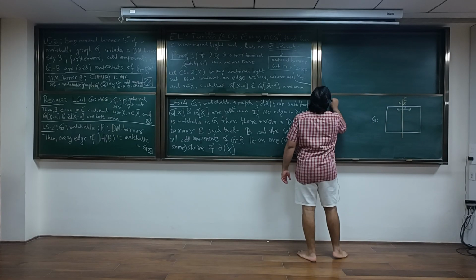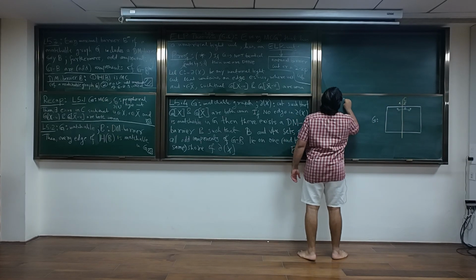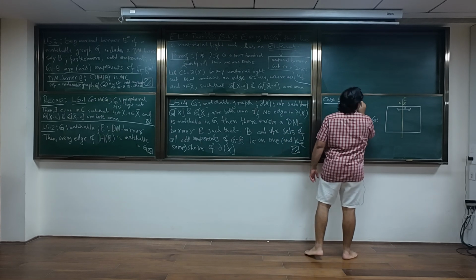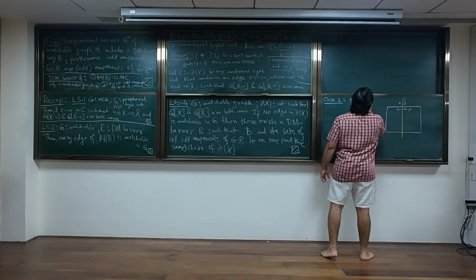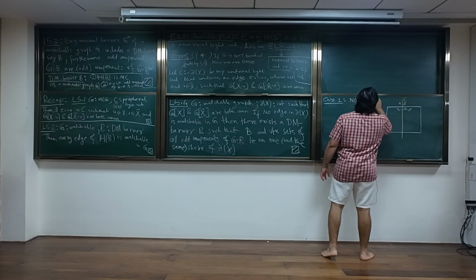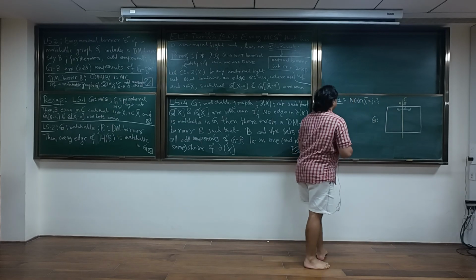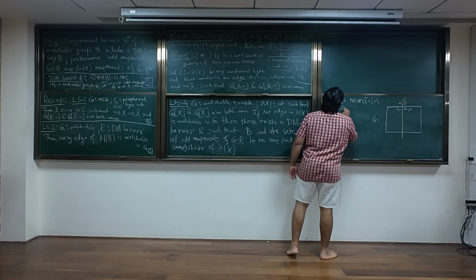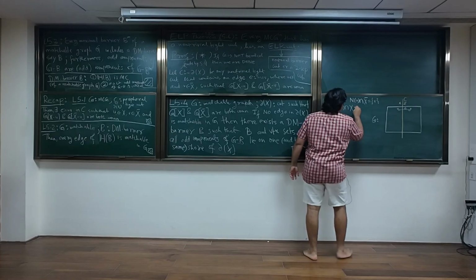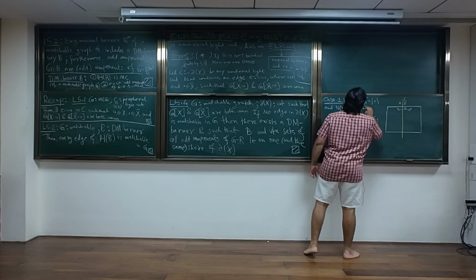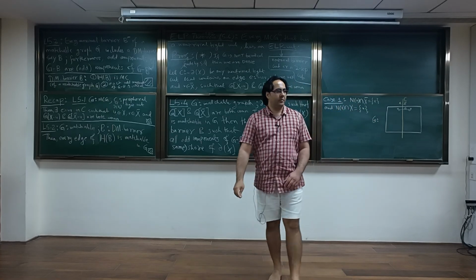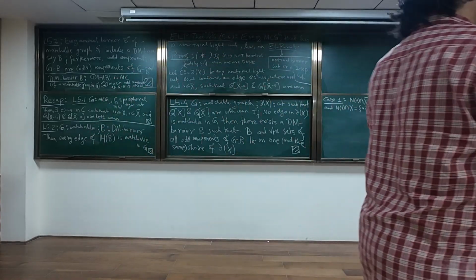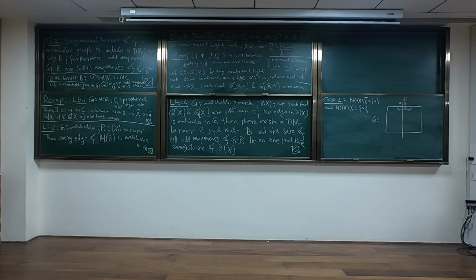Case 1: the only neighbor of u in X bar is the vertex v, and the only neighbor of v in X is the vertex u. This is one case we'll consider, and we'll finish this case and then we'll take a break.